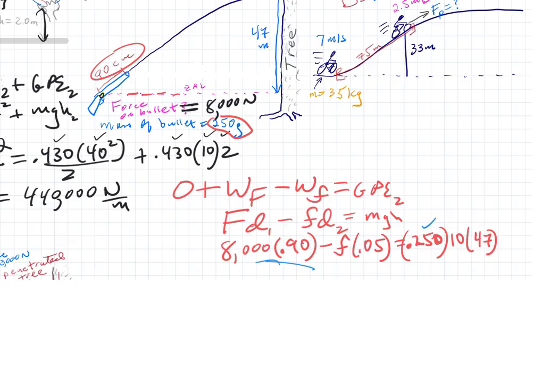So subtracting 8,000, oops, 8,000 times 0.9. Okay? So I'm getting a negative answer. Then I'm going to divide by 0.05 to isolate the F.